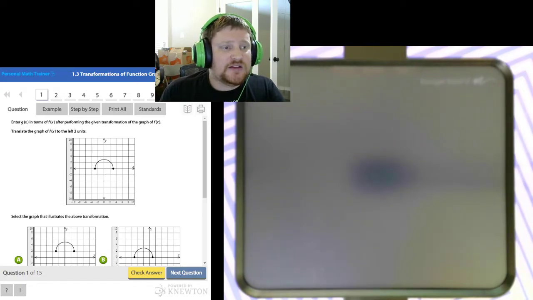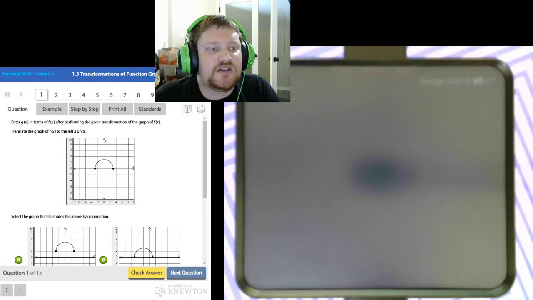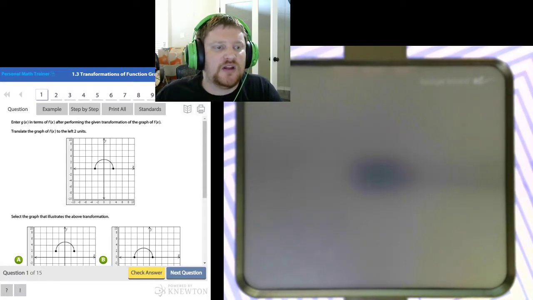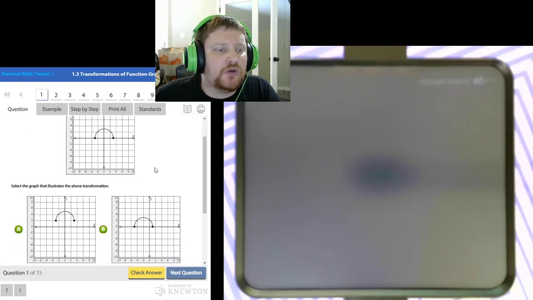So what I see first of all is it's asking us to enter g of x in terms of f of x after performing the given transformation. So in case of this first one, they want us to translate the graph f of x left 2 units. So first we're going to need to get the graph that illustrates that.